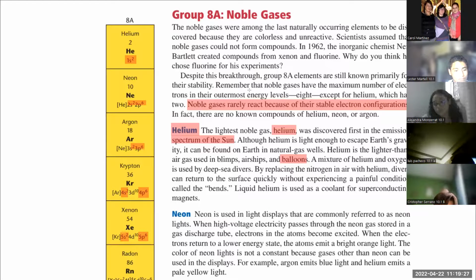The transition metals, I don't know if you remember, I told you they barely react. That's why they are safe to be touched, for example. Same happens with helium. Helium, or the rest of the noble gases, they are noble. That's what noble means, okay? In other words, it's not going to be harmful to you. So these deep sea divers use a mixture of helium and oxygen just to dive. And the helium is going to make them go to the surface easily because of how light it is.